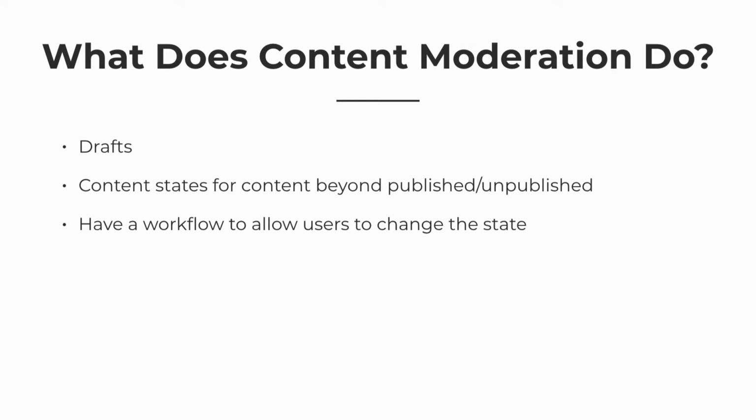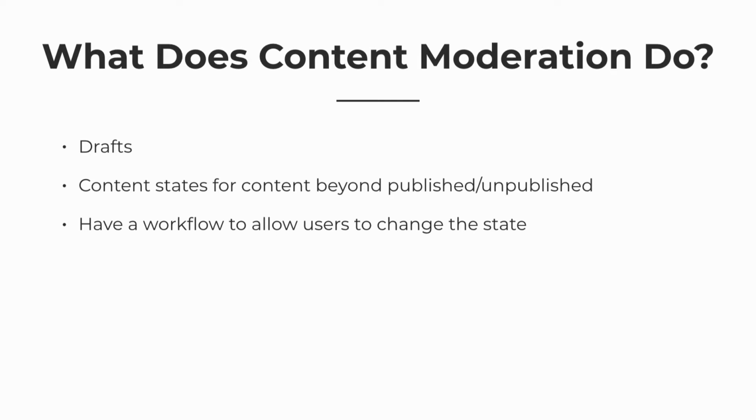The third thing that we have is we can take this workflow, this set of states that we've created, and we can allow the users to change the state. So we can say, okay, people can move something from draft to needs review, and these are called transitions. And then we can decide who can do that and what kind of content they can do it to.